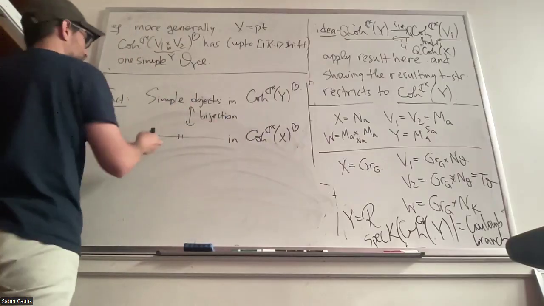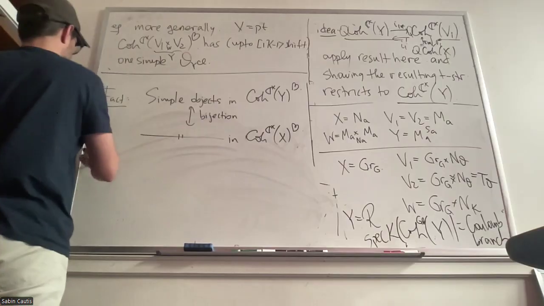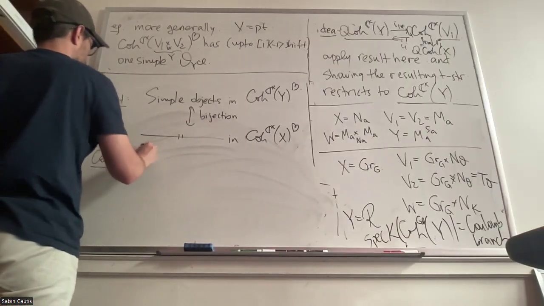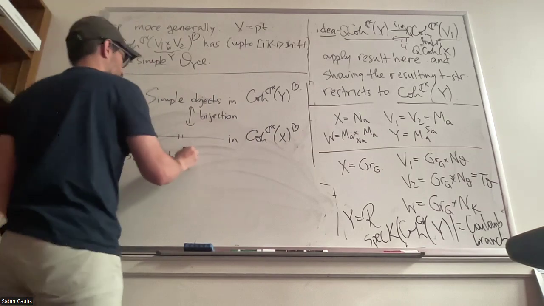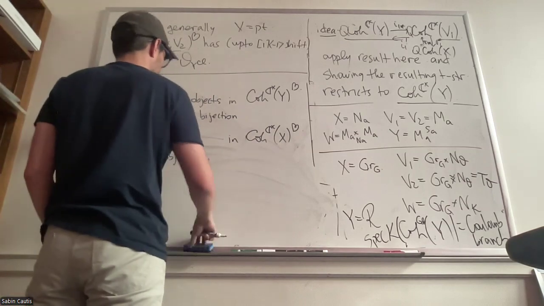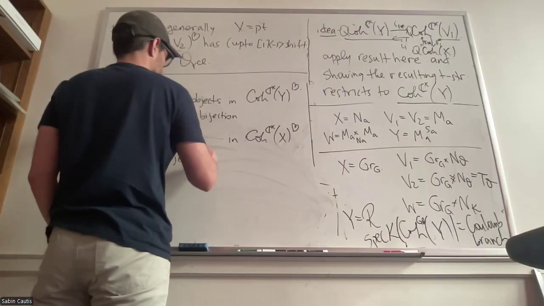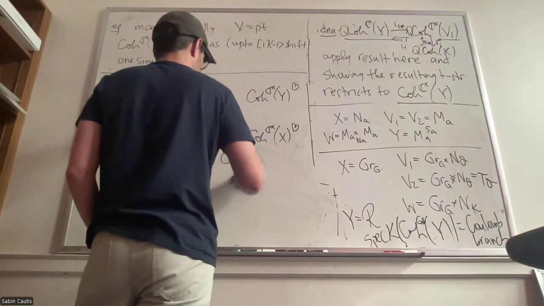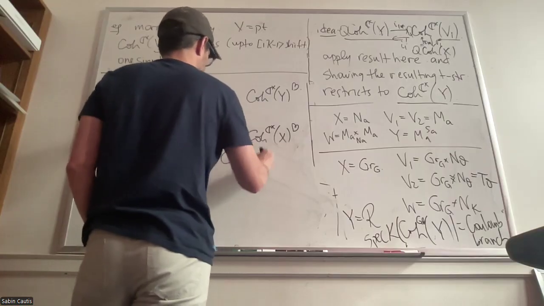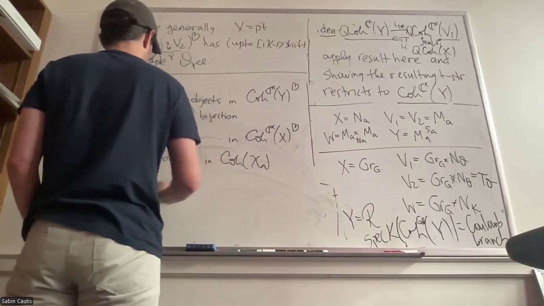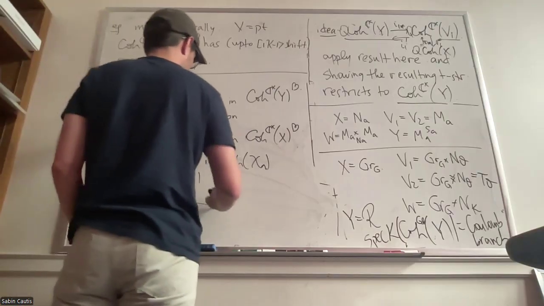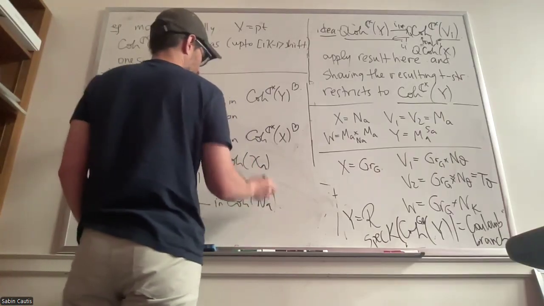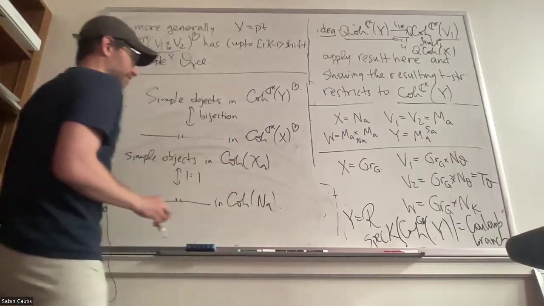So quite generally, a corollary of this is that simple objects in coh XA are in bijection with simple objects in coh NA mod GA.